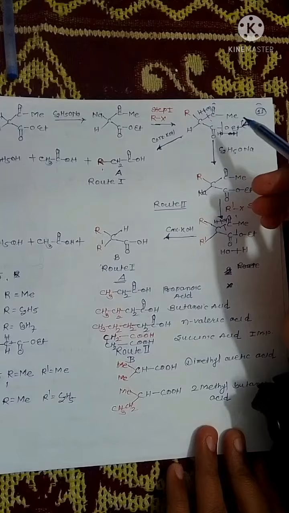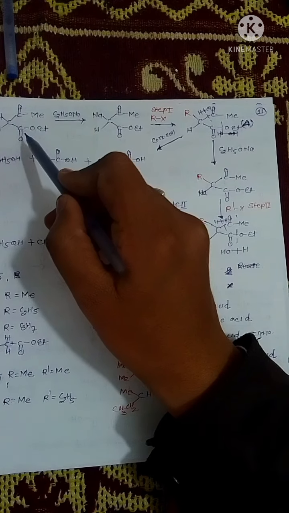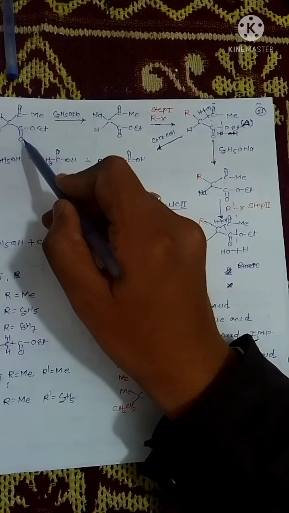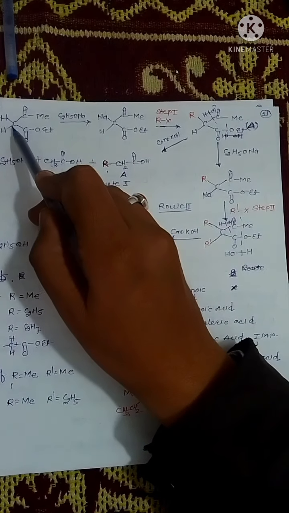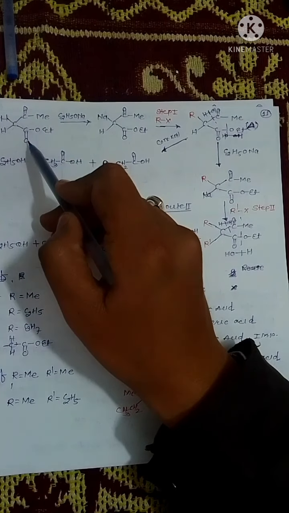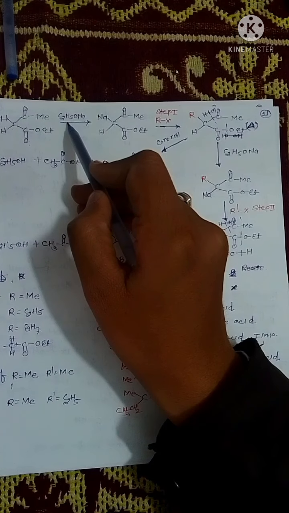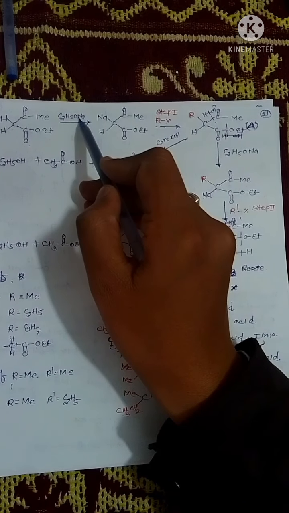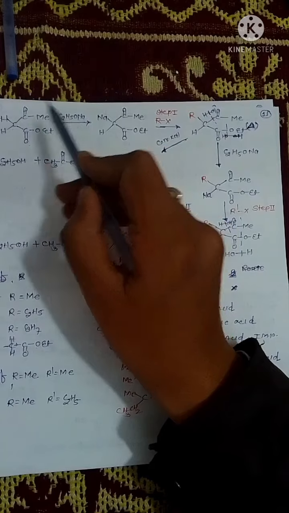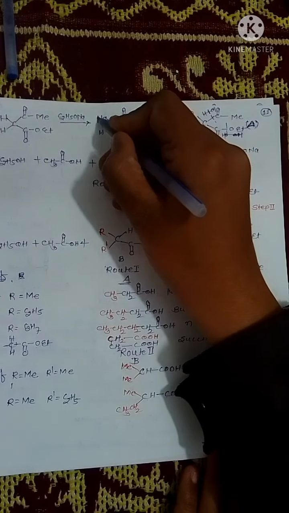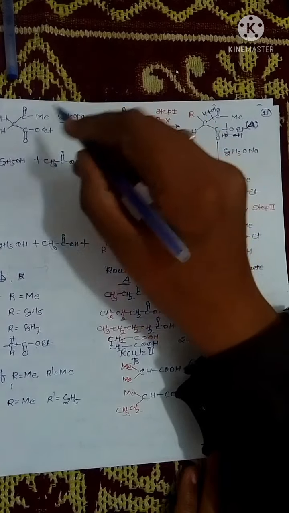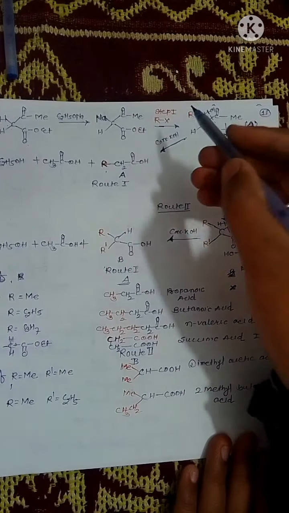So just see what we want to say. If we take acetoacetic ester and treat it with sodium ethoxide, one of the hydrogens is simply replaced by Na because it is an active methylene group.